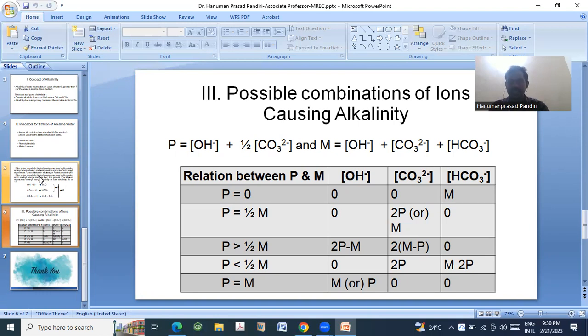And M is formulated as M equal to OH minus concentration plus CO3 2 minus concentration plus HCO3 minus concentration.